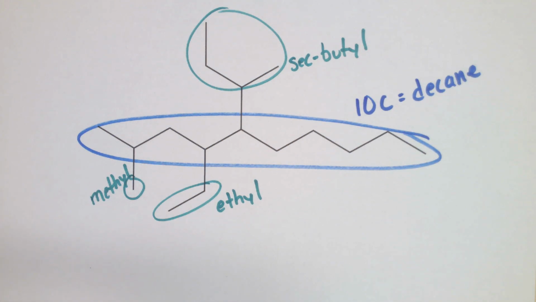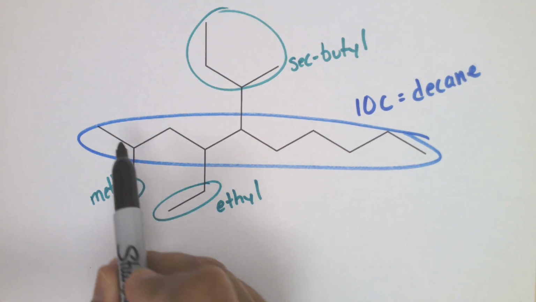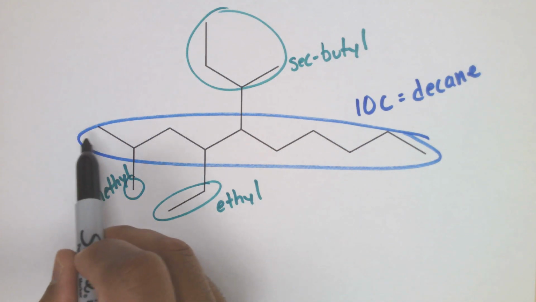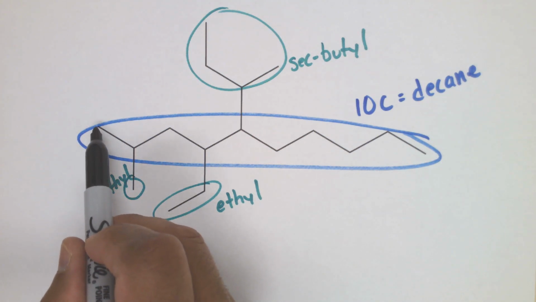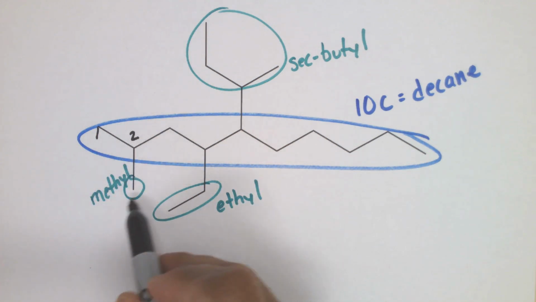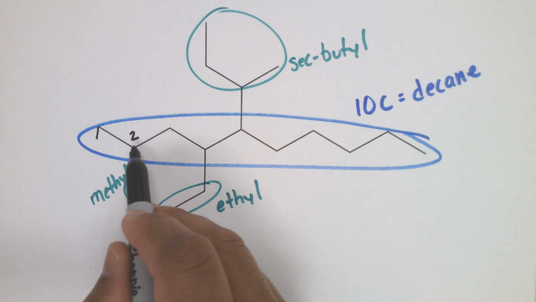The next step is to number the parent chain. And the reason we want to number the parent chain is because we need to assign locants to each of the substituents. We need to tell the reader to which carbon atom in the parent these substituents are bonded. We want our substituents to have the lowest locants. So obviously, I'll start on the left and call this carbon 1 and carbon 2, because that's going to give me my substituent at the lower number carbon.